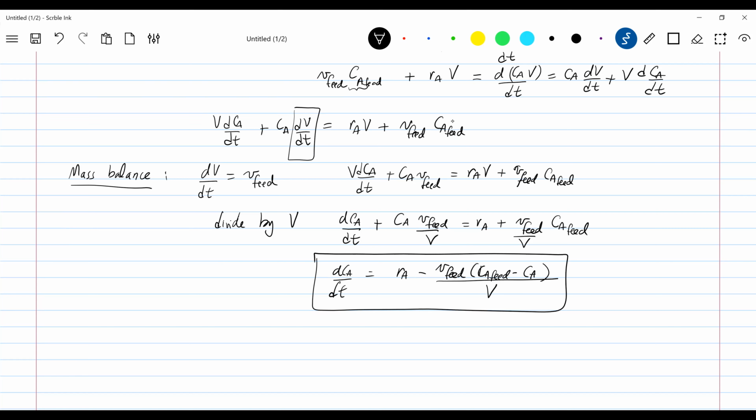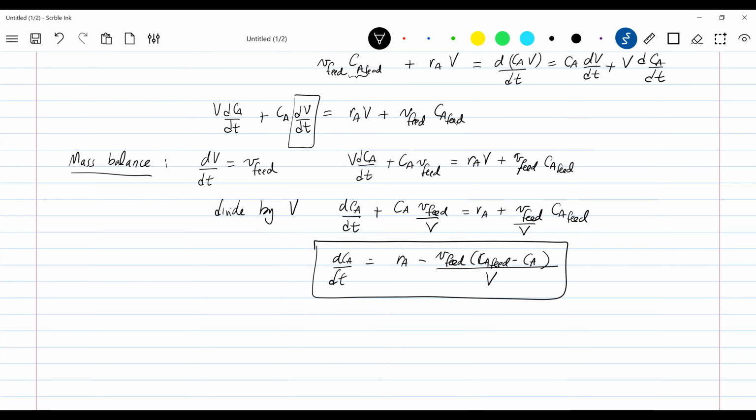Sorry, I got confused for a second because I was going back and forth. Shouldn't that be plus? Shouldn't it be RA plus V feed? Yes, that's right. So that's your mole balance on CA.